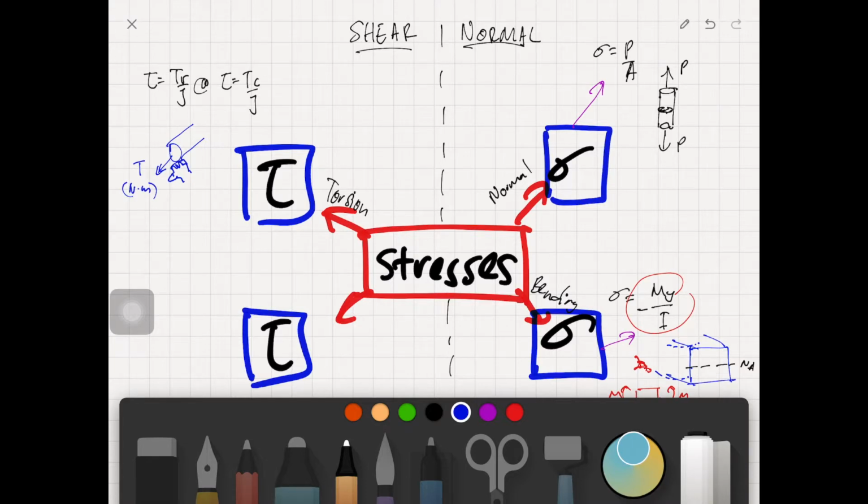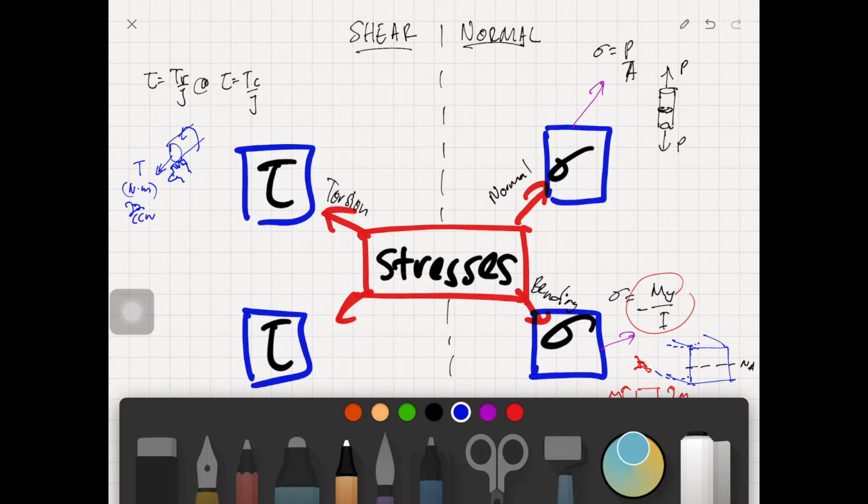In this case, looking from this view, it is counterclockwise.